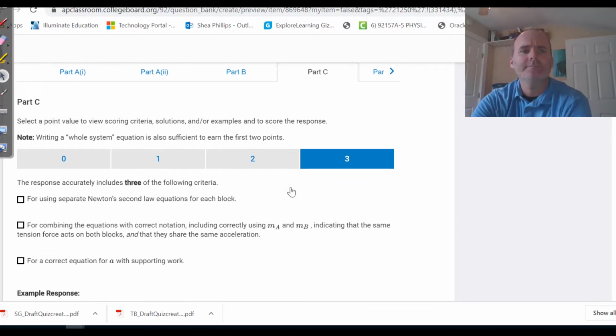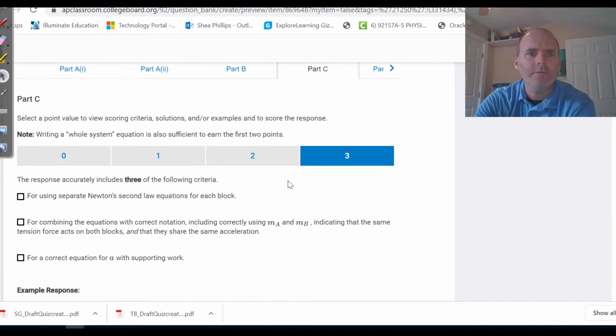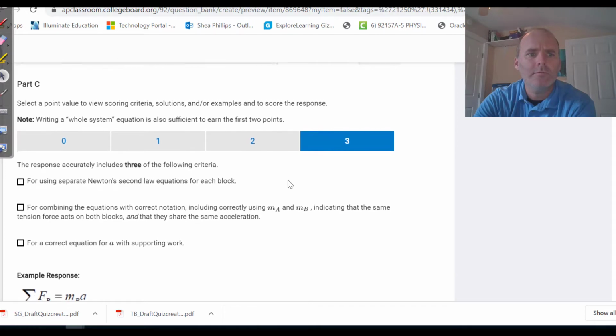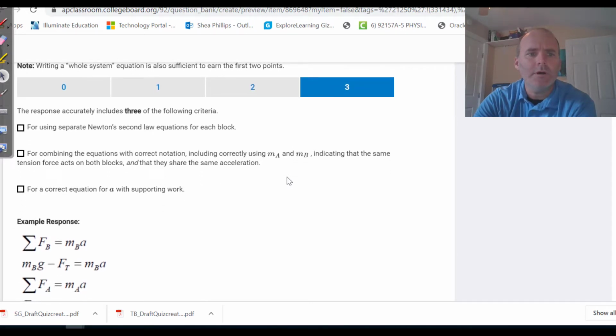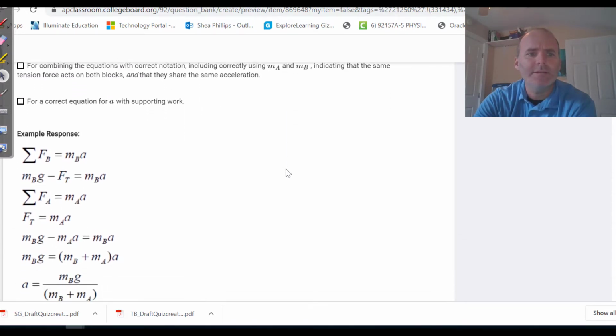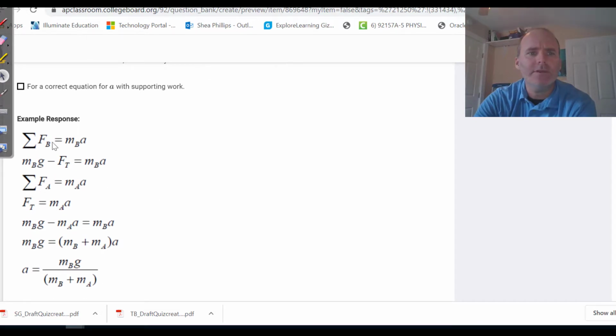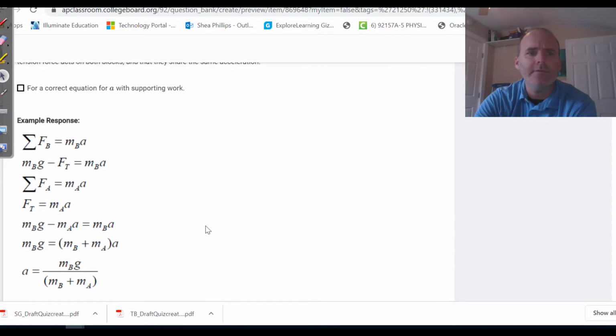Part C. Here was the derivation, and we ended up getting the acceleration. This is what we derived.